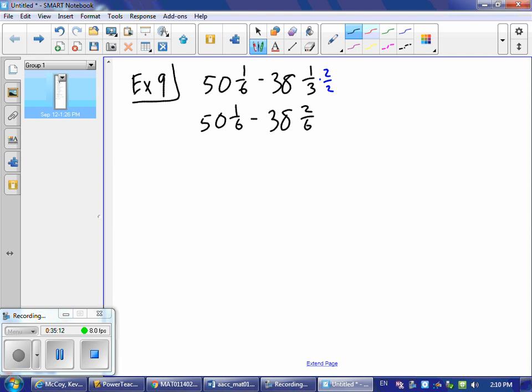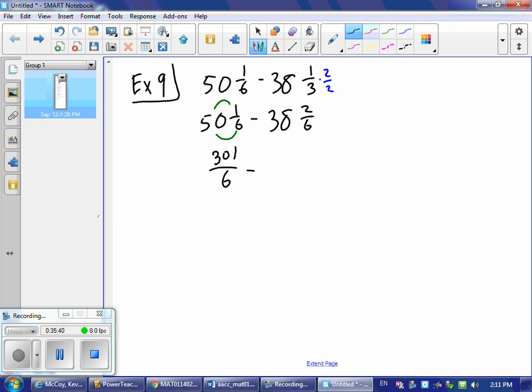Now these are going to be some relatively big numbers, so I don't expect you to necessarily do this in your head, but you could work it out on the side of the paper, or this might even be a calculator type problem. But we're going to multiply 6 times 50, which is 300, plus 1, so I get 301 over 6.